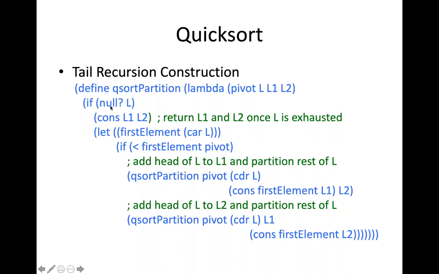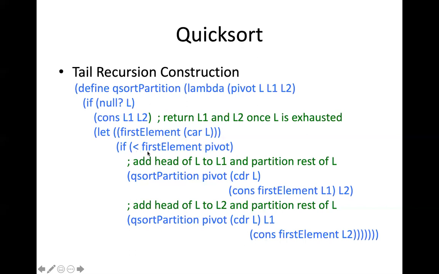If we've gotten down to the empty list, we simply cons our 2 lists together and return them. Otherwise, we get the first element and ask if that first element is less than the pivot. If it is, it is going to be added to the lesser list right here. If it's greater than or equal, it will get added to the greater than or equal to list.